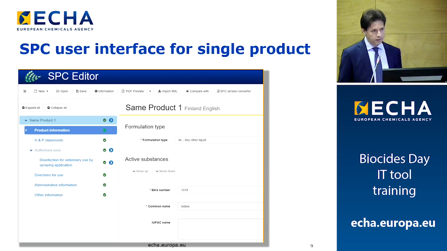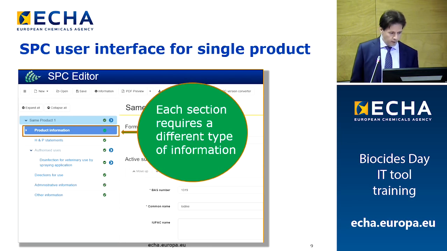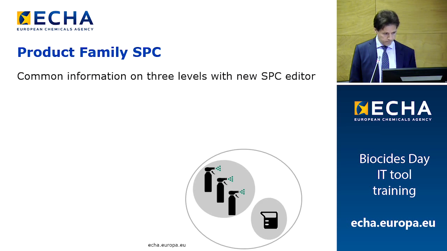We will see that extensively in our exercise later. So these are the sections, and of course the type of information is described in the title of the heading of the left column. This was for a single product.